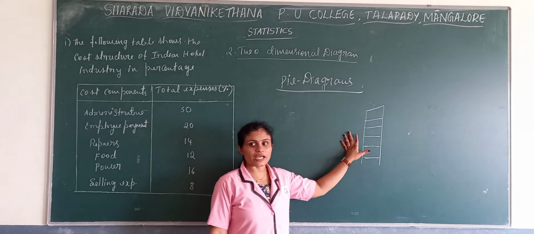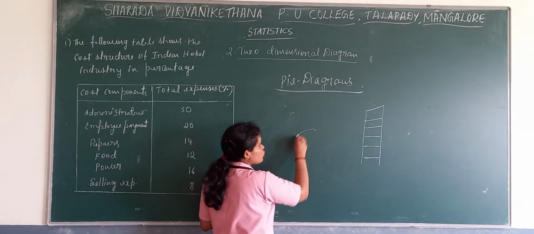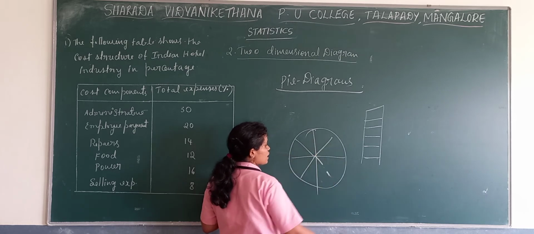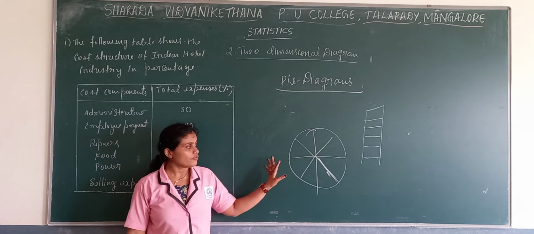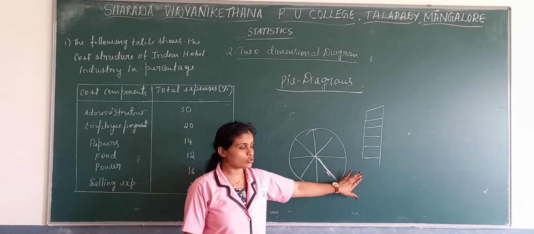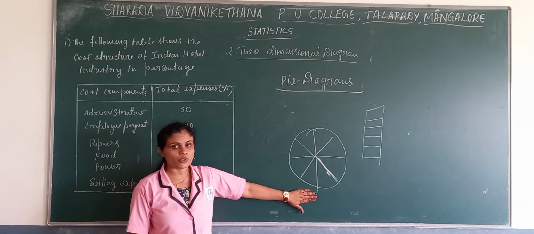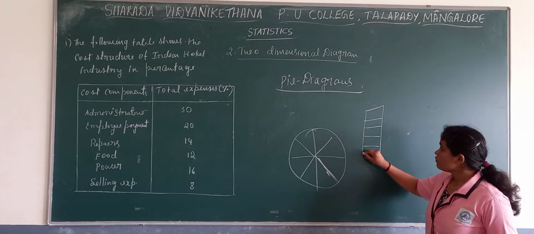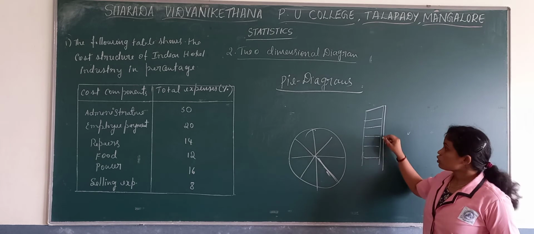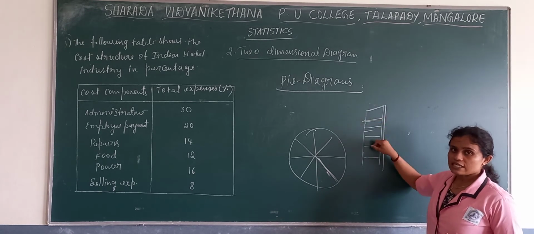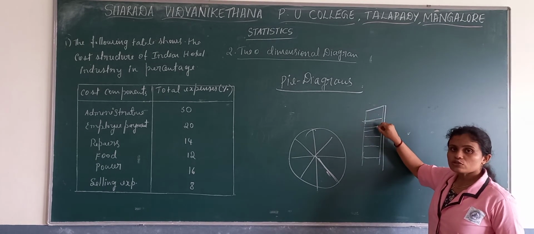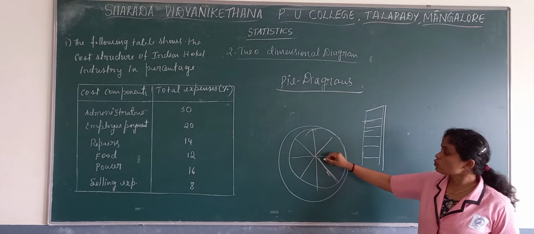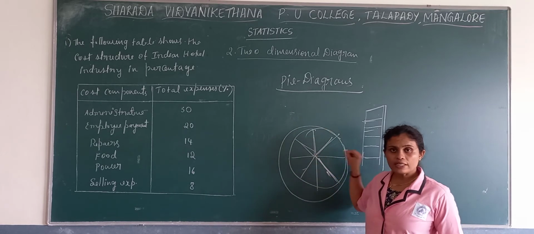But in the case of a pie diagram, we use circles in order to represent different components. Here we divide the circle into different segments.